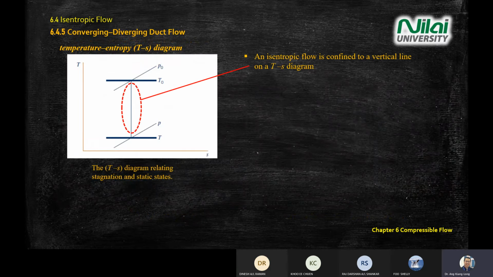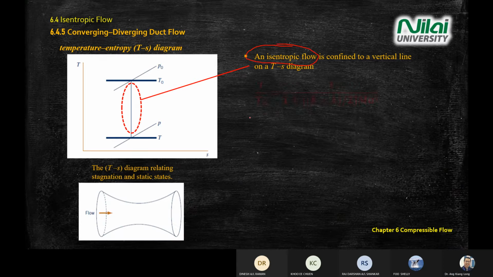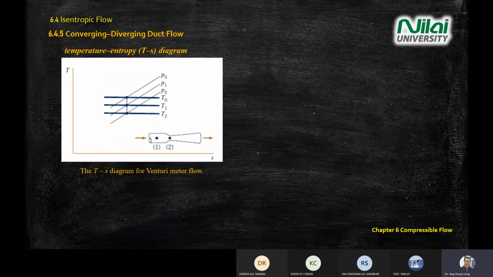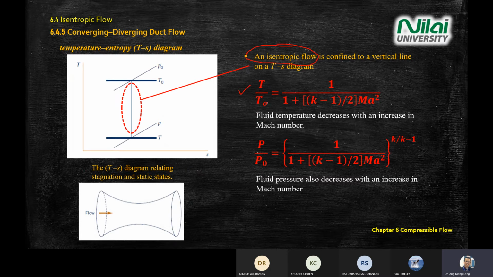This straight line is isentropic, because the s value is the same. These just repeat what we covered in the previous slides. Basically it is the temperature ratio and pressure ratio, and the difference is the exponent, obtained by doing the conversion.